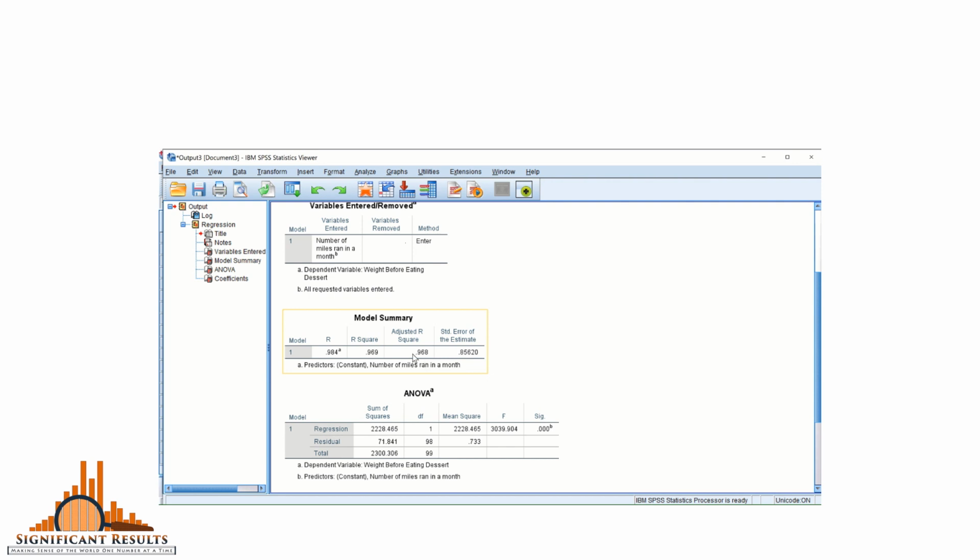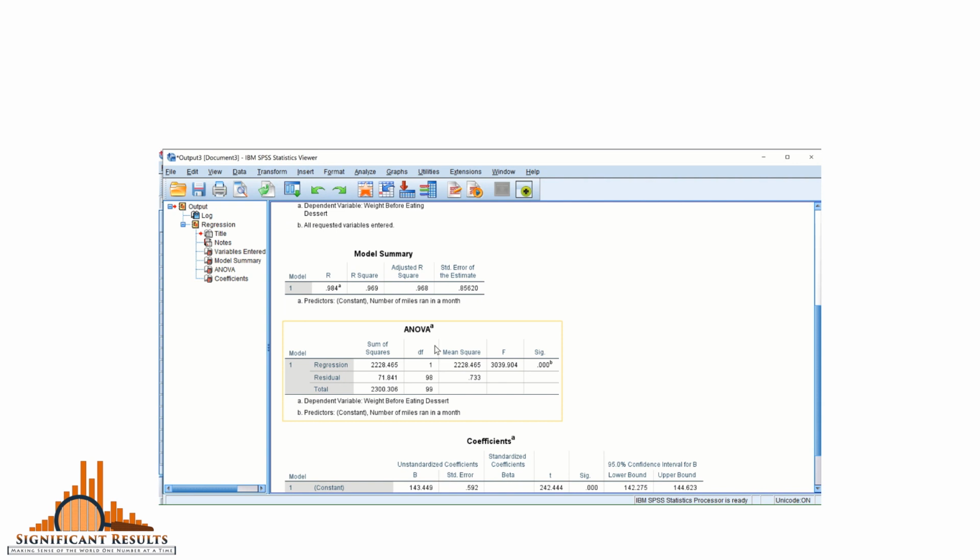Personally, I like adjusted R square, so I find that number to be a little bit more valid than the R square value, but depending on your discipline, you may want to go with whichever is most recommended for publication.